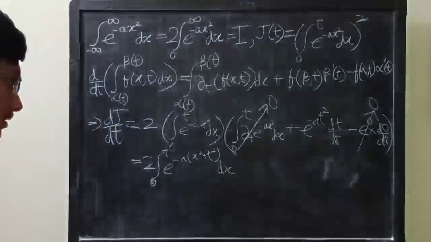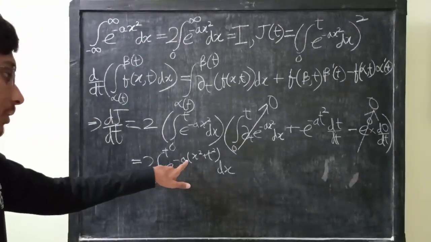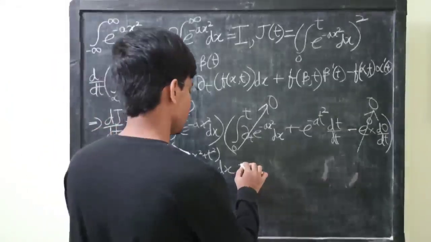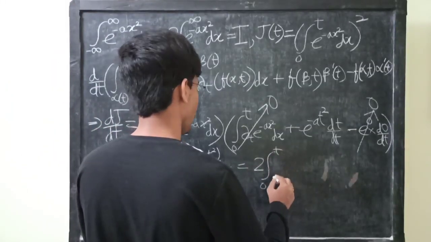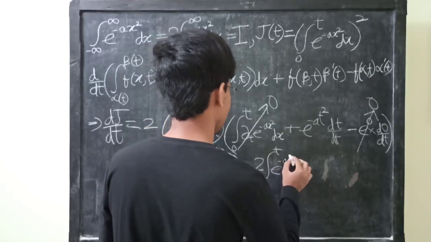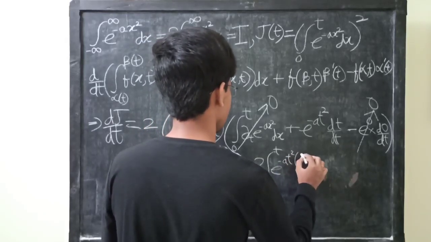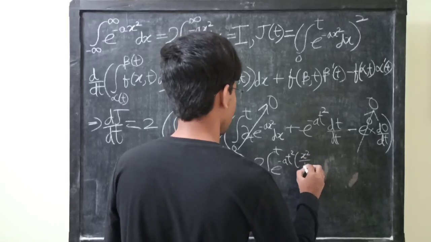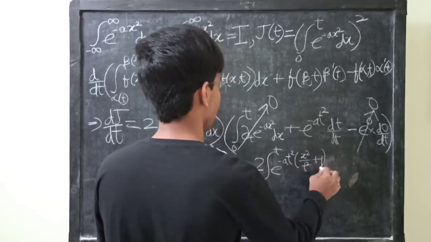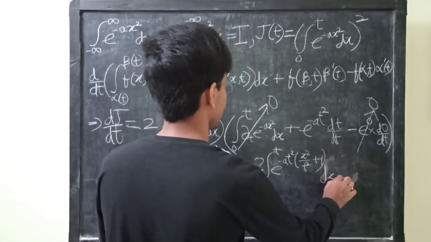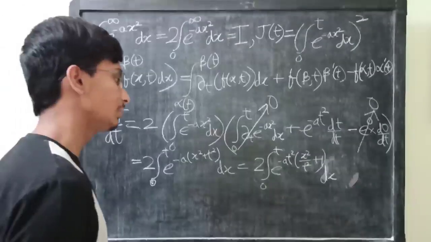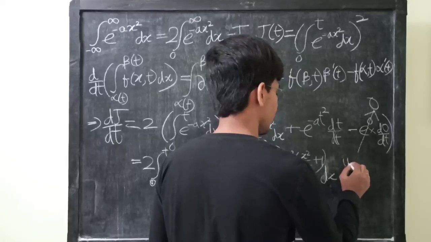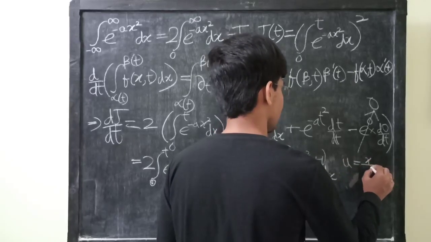So at first, let's take this t square common from this bracket. So we will have 2 times the integration from 0 to t of e to the power minus a t square times x square over t square plus 1, dx. Now we will do a u substitution. We will put u equals x over t.